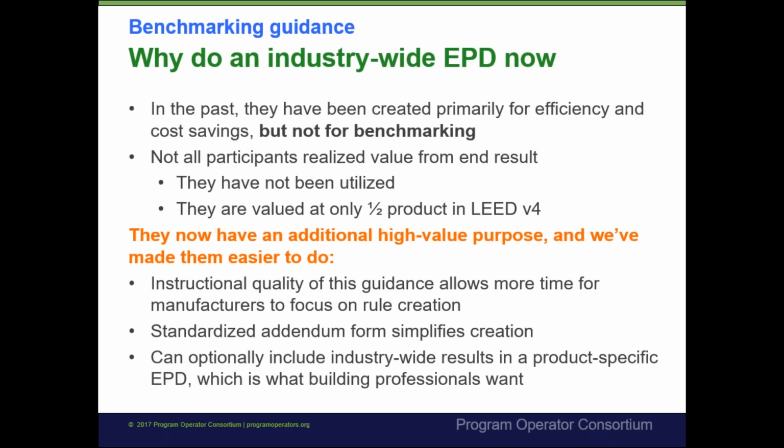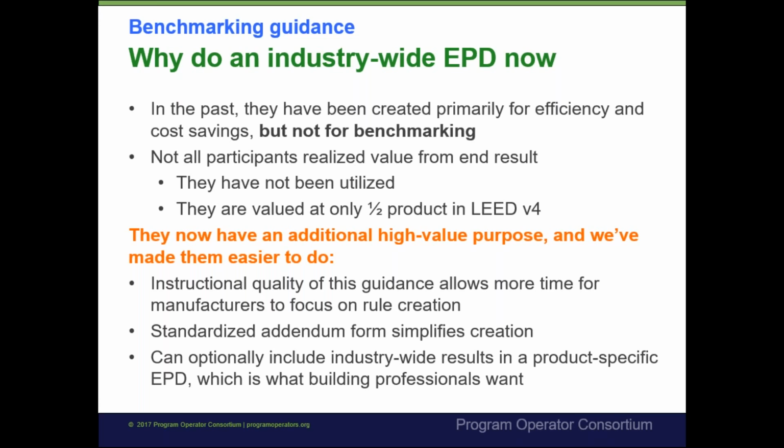In the past, industry-wide EPDs have been created primarily for efficiency and cost savings, but not necessarily for benchmarking purposes. So not everyone who participated in those EPDs has fully realized the value from the end results, either because they haven't been utilized or they're only valued at a half product in LEED version 4. Now they have another high value purpose and they're easier to do.